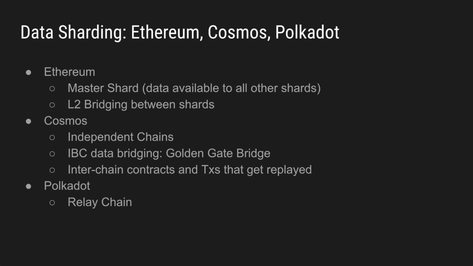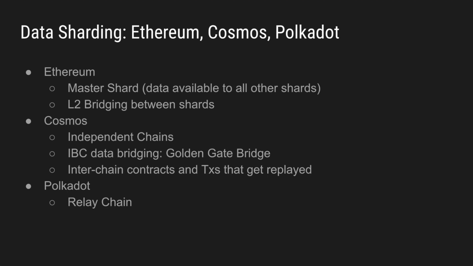With EVM interchain transactions and dTypeDB, which will be shown in later demos, we are bringing data sharding to Cosmos and to Ethereum if they will support IBC. For Ethereum, we talked in previous videos about our proposal for a master shard for data that is common to all shards. Right now, Ethereum's data sharding is planned based on Layer 2 projects bridging data between shards.